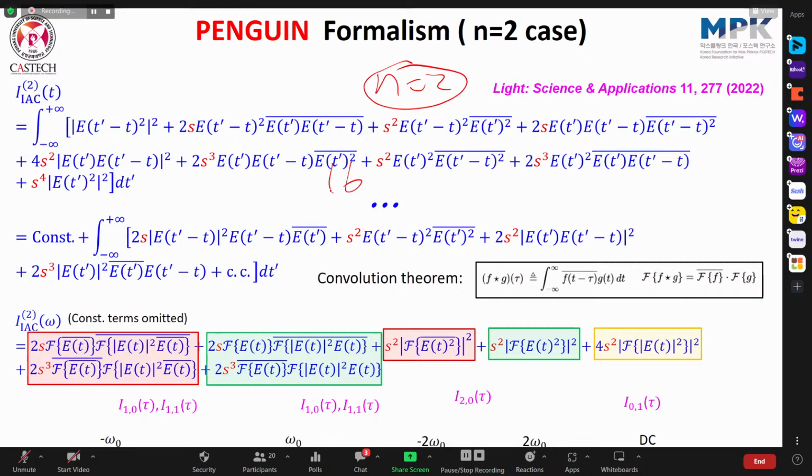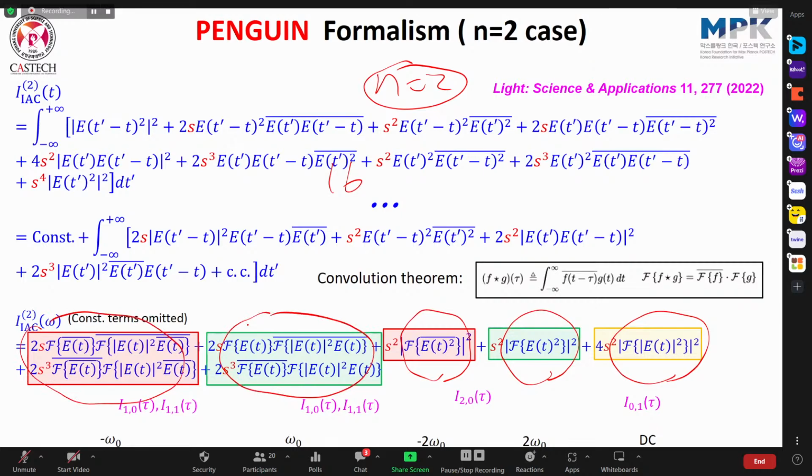These are already complicated, but if you collect them in a wise way, you can have this kind of thing. Okay, so this is a real value, and this is a real value, and this is a real value. So we have this kind of term, but just forget the S. Then this term and this term are complex conjugates. Also this value and this value are complex conjugates.